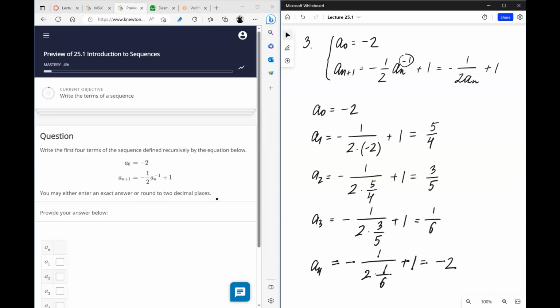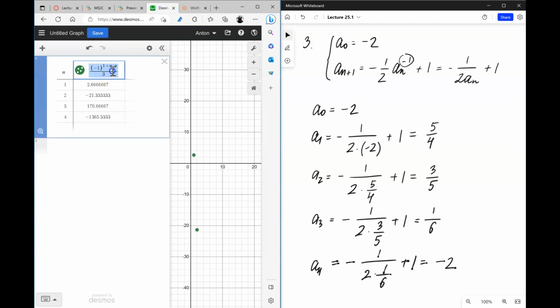That's an interesting fact. So it's just like a looping sequence. But anyway, before I enter it, it doesn't hurt to check my work. That just looks a little scary like this. So what we can do here is type the recursive formula here.